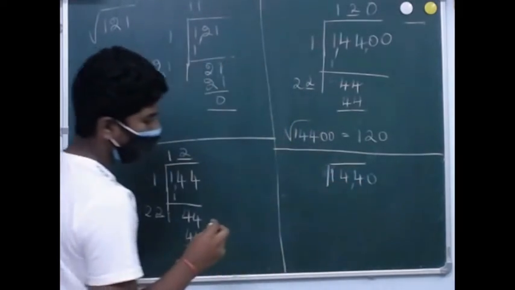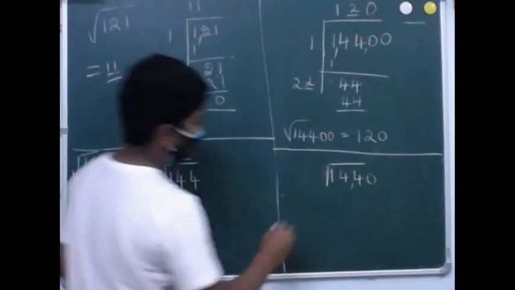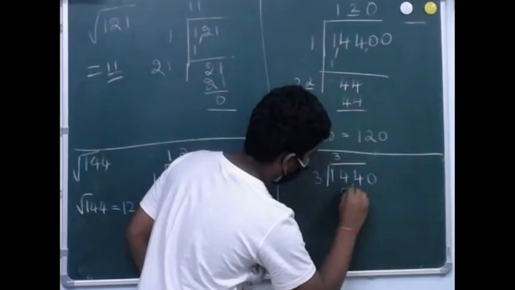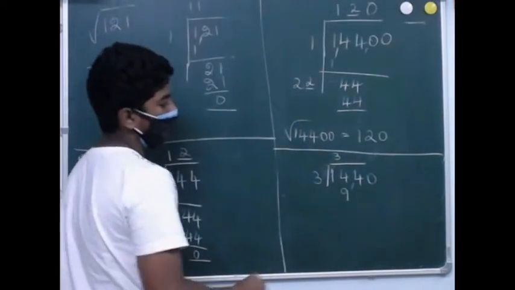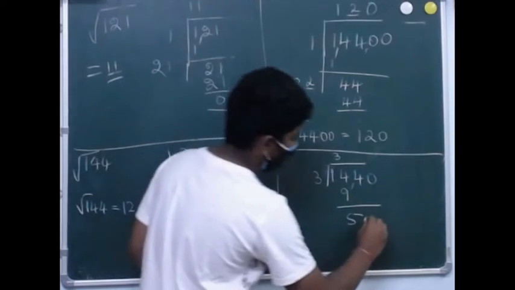Now within 14, which is the perfect square? 9. 9 into 9 is 81. Within 14, you should get the perfect square. 3, 3 into 3. Write down 3 into 3. Are you able to understand? Now when you change the digit, it entirely changes. You will not get the same 12. So 3 threes are 9, balance 5.